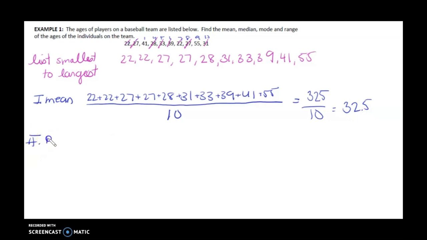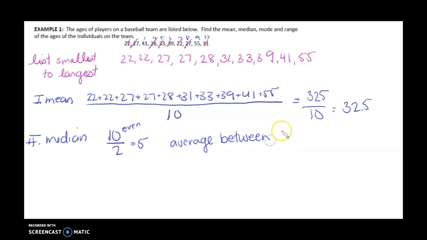Number 2, median. What we want to do is locate the middle number. I gave you guys the formula where we take the number of numbers, so 10 divided by 2, and we get 5. Since this is an even number, we know that we're going to have to take the average, or the mean, between the 5th and 6th number.